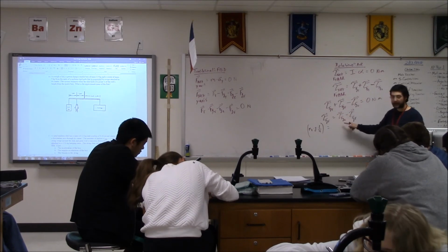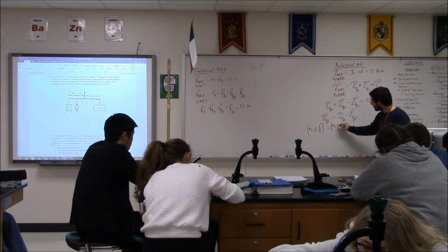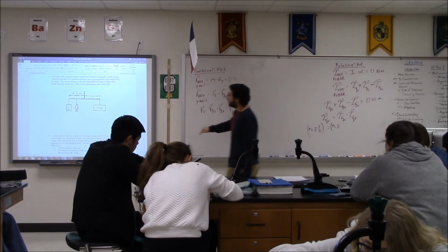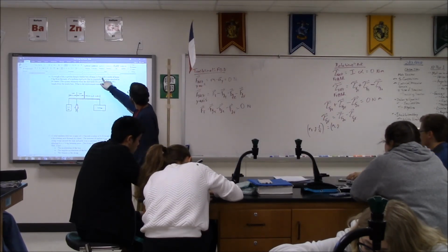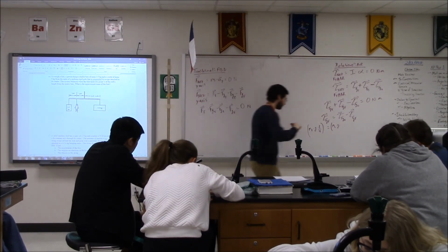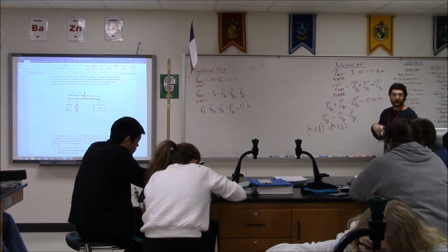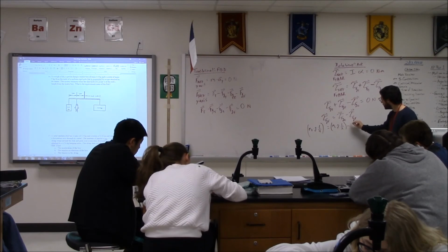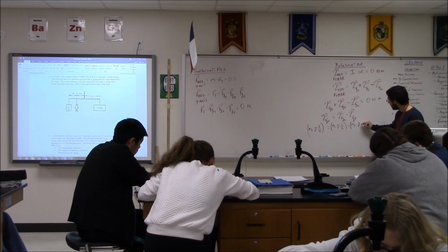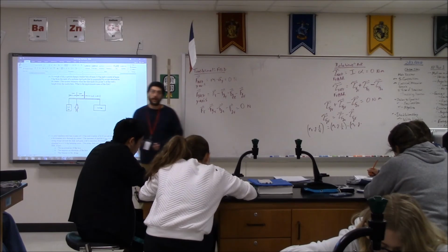Equals, okay, let's play the game over here now. This one is going to be the mass of the cooler times little g times the lever arm out to the cooler. The cooler is the 5 kilogram one, so that's going to be L/2 away. And the angle is still 90, so we'll ignore that. Minus the mass of the tackle box times little g times that lever arm, that is L/2 away.